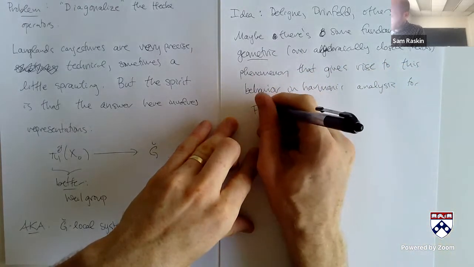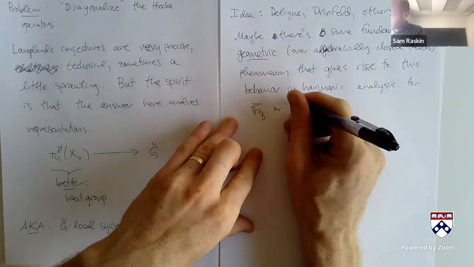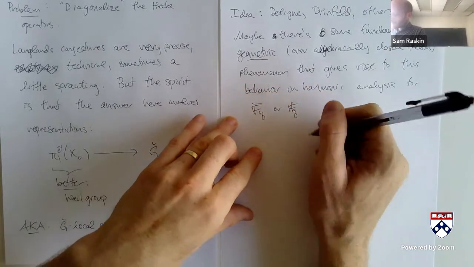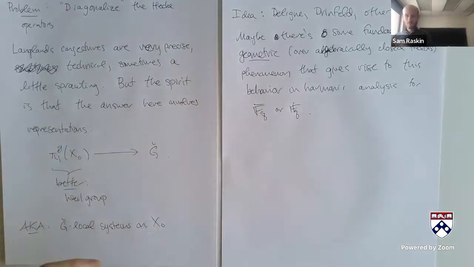Or the field being F_q bar or F_q or something. I said algebraically closed, so.